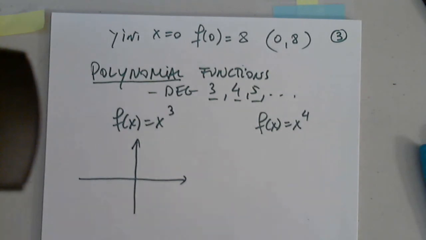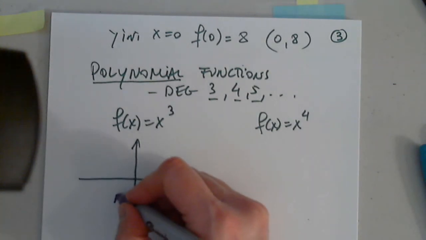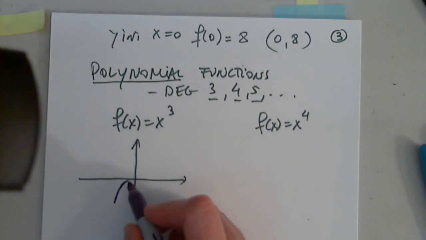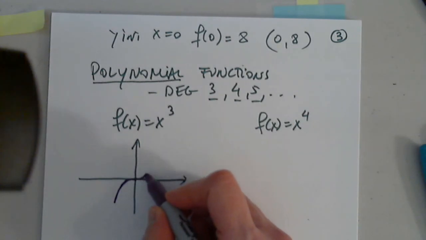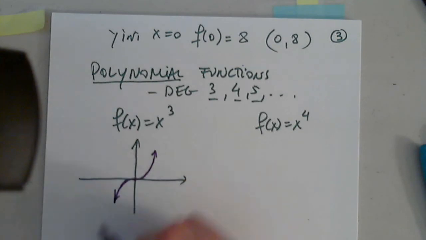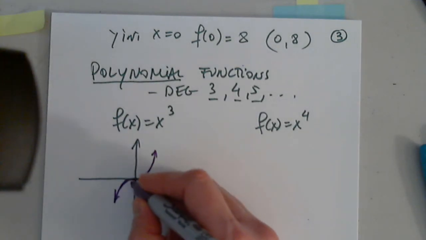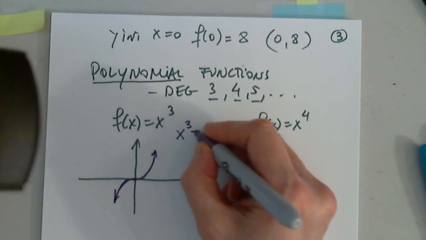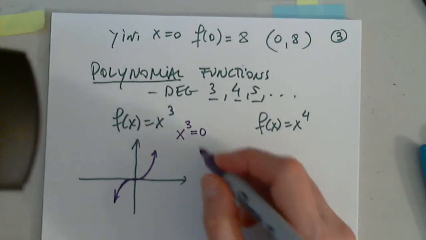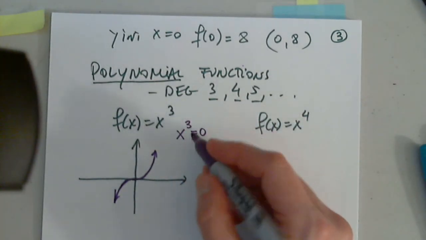So x to the 3rd is a graph like this. And you will see what happens here at this point. How come that it takes its time? Because there are 3 solutions. X to the 3rd equals 0 is an equation, polynomial degree 3.